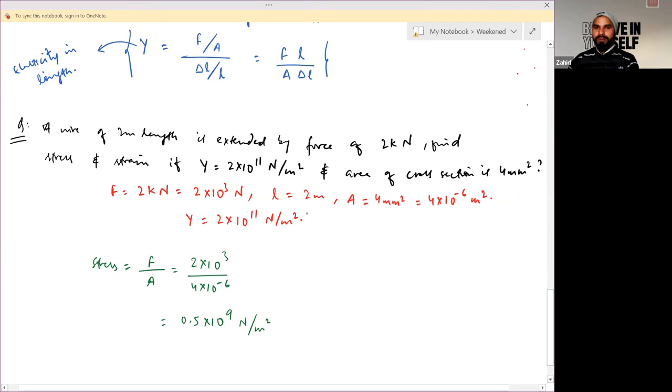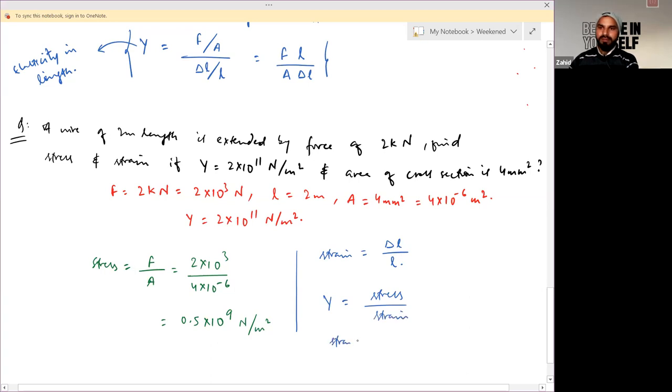In this given part, we have only L. We don't have delta L. So for strain, the formula is delta L divided by L, but we don't have delta L here. So we may use the relation for Young's modulus, which equals stress divided by strain.